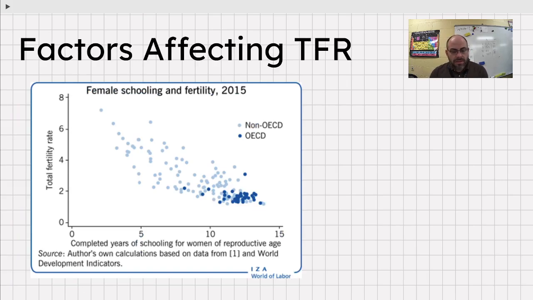So let's look at some of the factors that are affecting total fertility rate. This graph is female schooling and fertility in 2015, and it is a scatter plot to see if there's any sort of correlation between total fertility rate and completed years of schooling. And what this seems to say is that there's a negative correlation between total fertility rate and completed years of schooling. What that means is that the more education someone has, the lower their fertility rate is going to be.